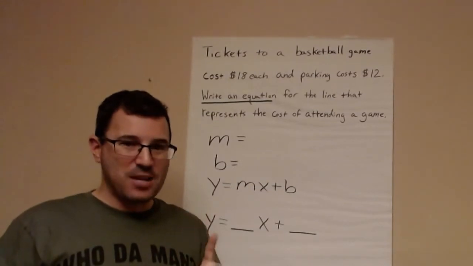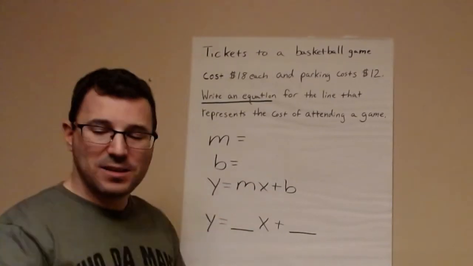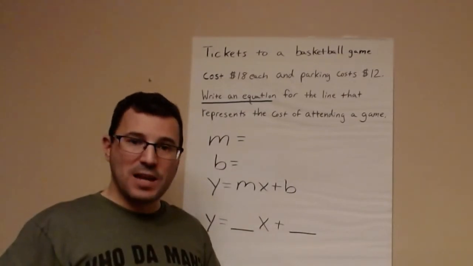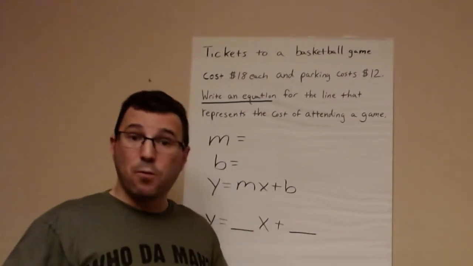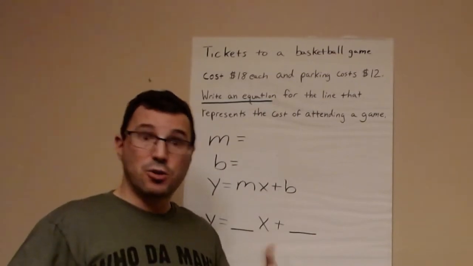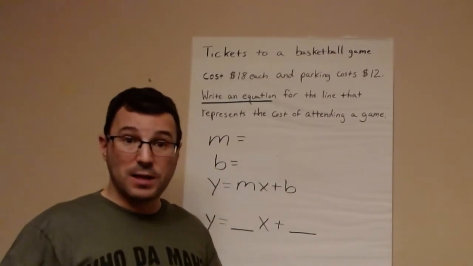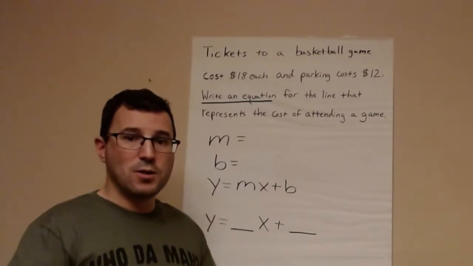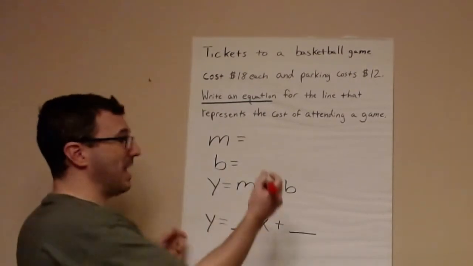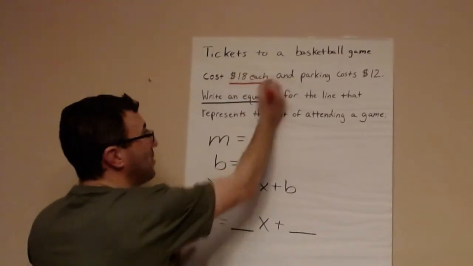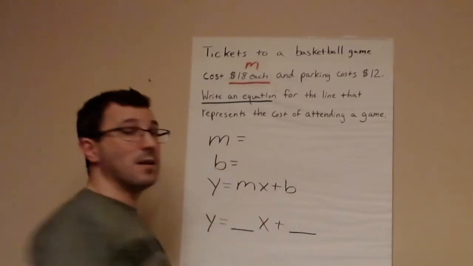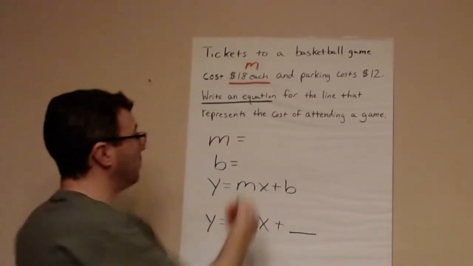That word each tells me that this 18 is going to change. It's going to be 18 for one ticket, then 2 times 18 for 2 tickets, 3 times 18 for 3 tickets, and so on. So this $18 each, that's our slope.